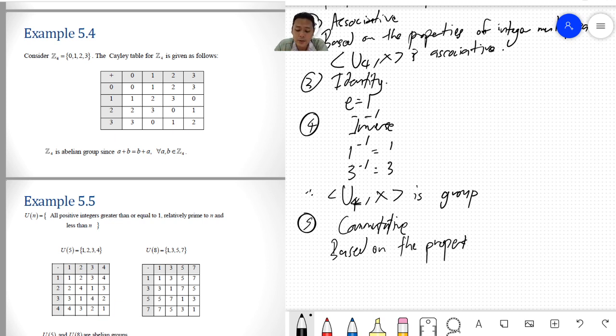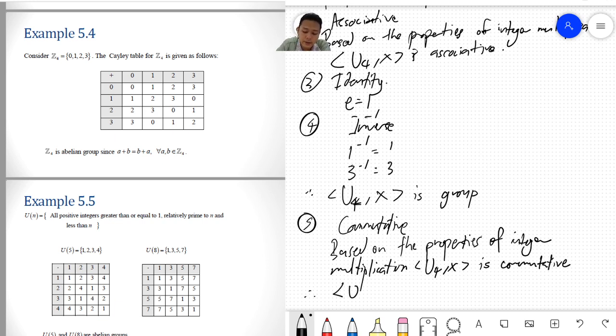And you don't need to show it for every element, it will be quite long. Based on the properties of integer multiplication, it is also an established well-known fact that U4 under multiplication is commutative. And as my last conclusion, U4 is also an abelian group.